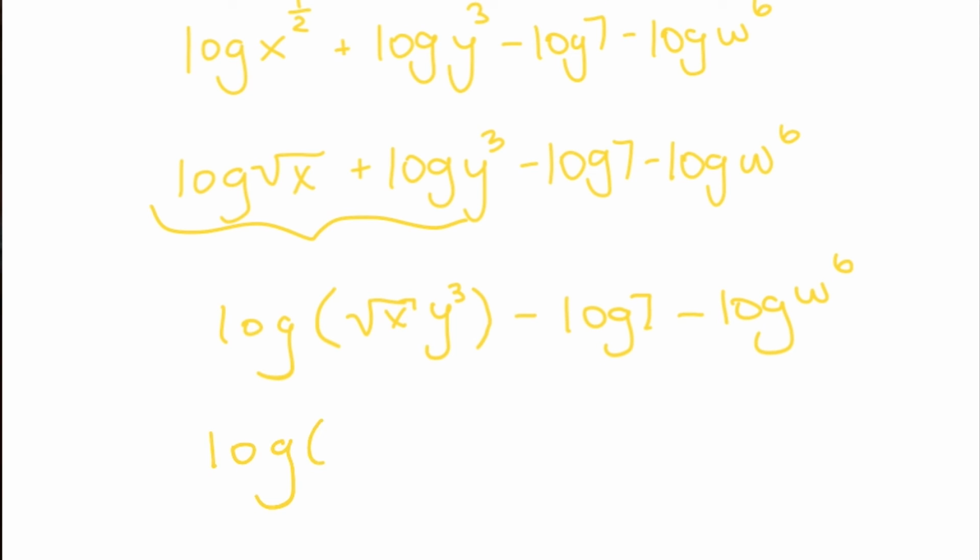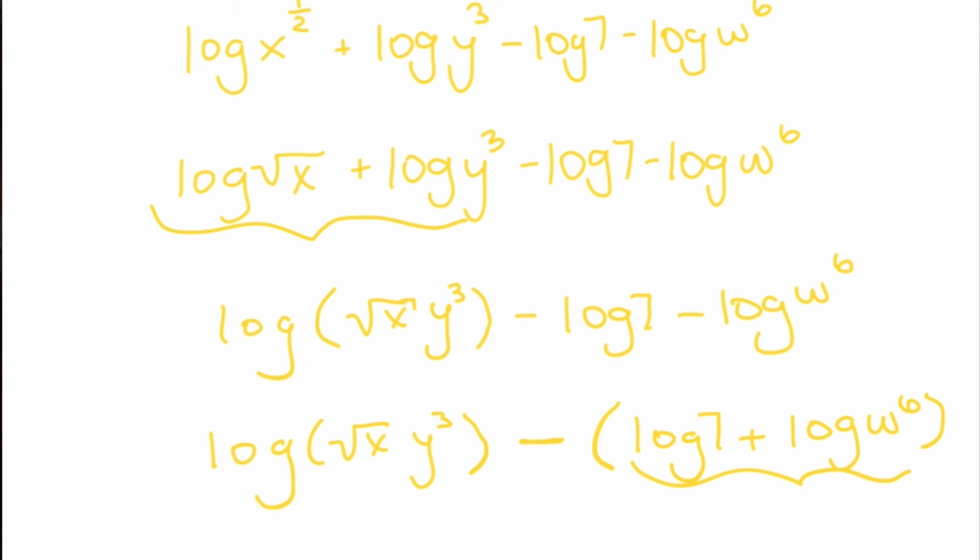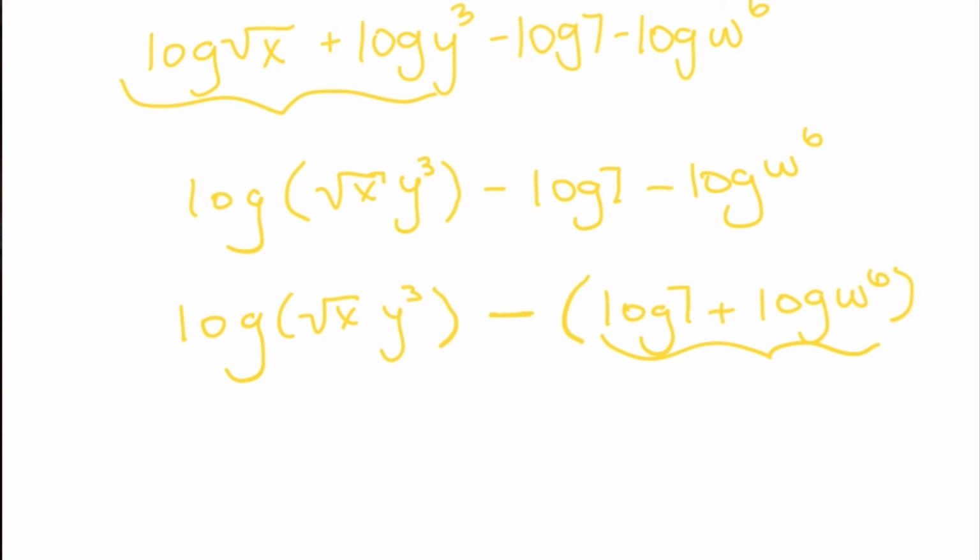This is log square root of x times y cubed. If I factor out this minus, it ends up being log of 7 plus log of w to the 6th. And we already know that a plus means that you can multiply what's on the inside. So this is log square root of x y cubed minus log of 7 w to the 6th.